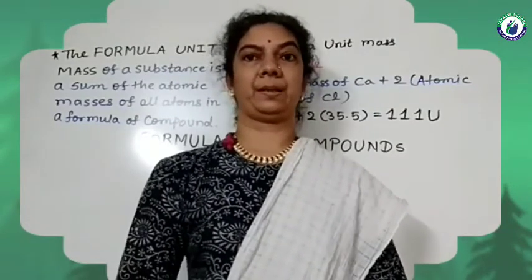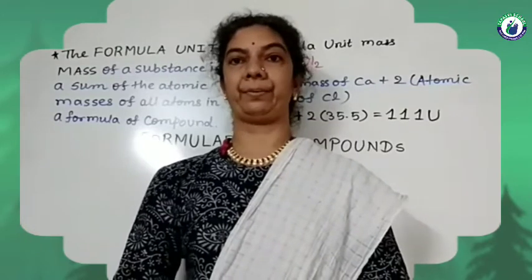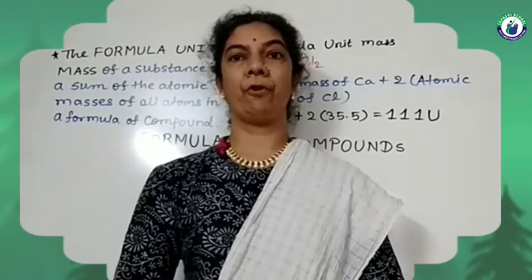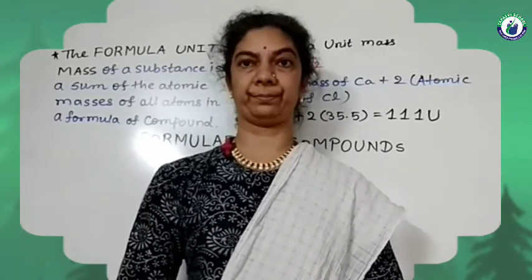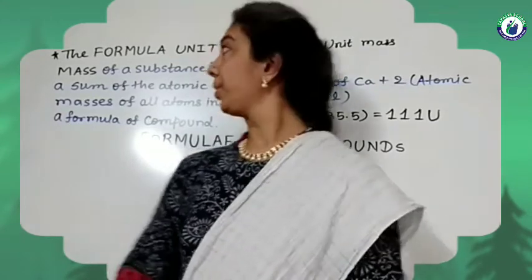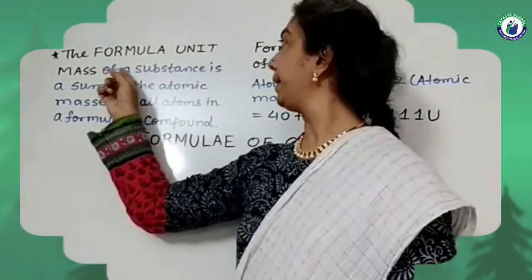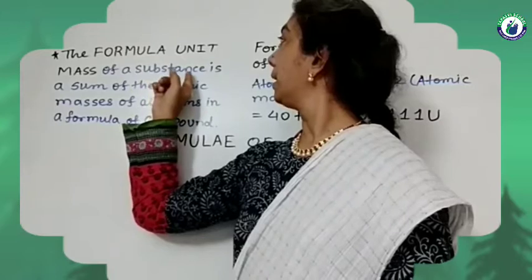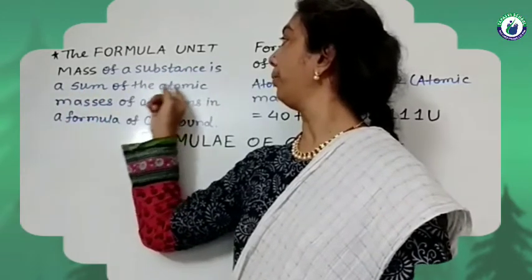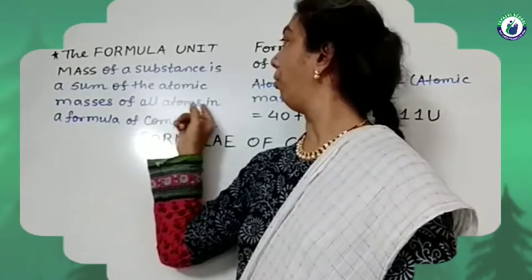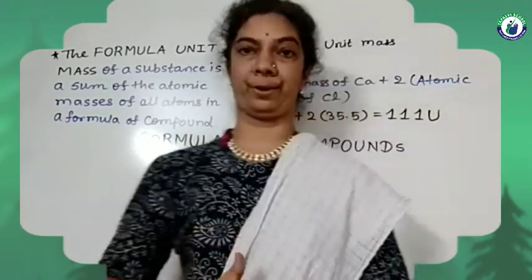Atomic masses are used to calculate the formula unit mass of a compound. The formula unit mass of a substance is the sum of the atomic masses of all atoms in the formula of a compound.